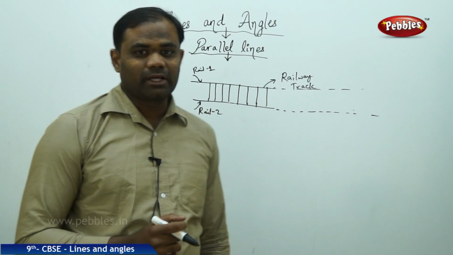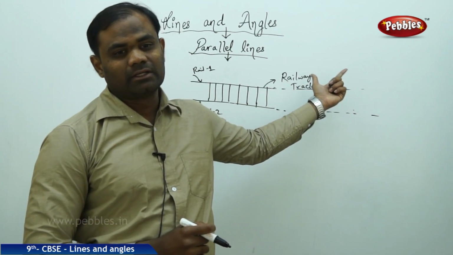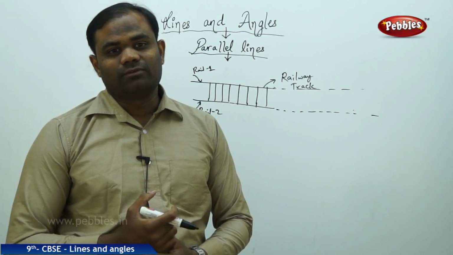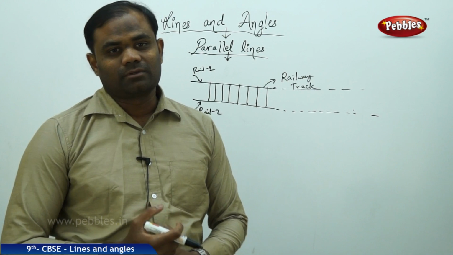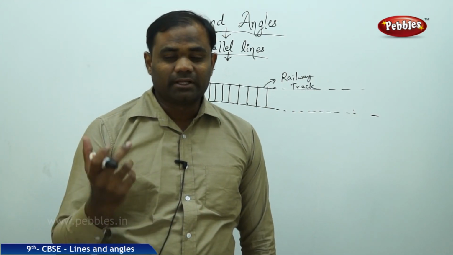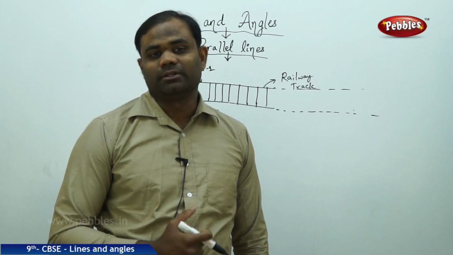So mathematically, when I connect these two rails with the railway track, I clearly understand that this is an example of lines which are parallel. Since these two never meet, they are parallel. So mathematically, I define the parallel lines to be those lines which never meet.